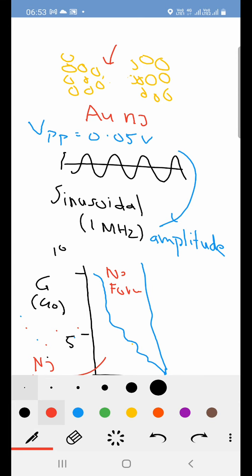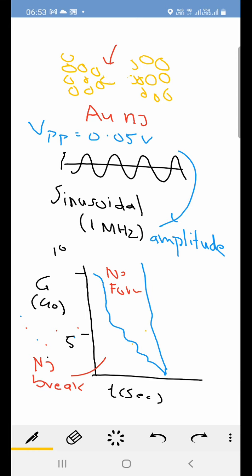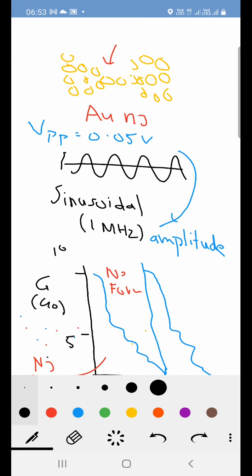And again, the atoms form a junction, and the process continues. Again, it comes down, and the process continues since we're using an AC voltage. So there is a spontaneous breakdown at room temperature and vacuum.